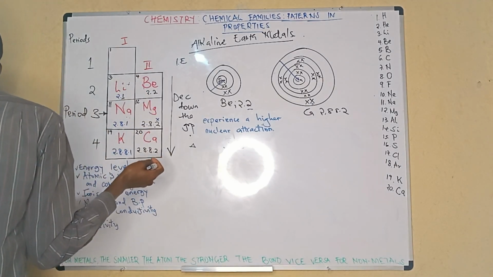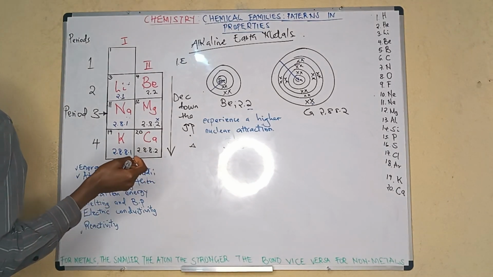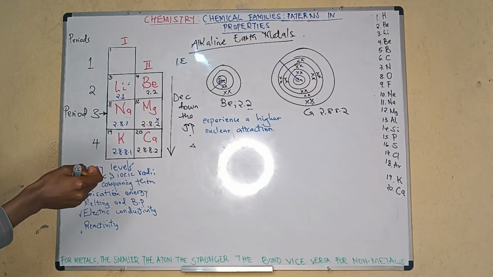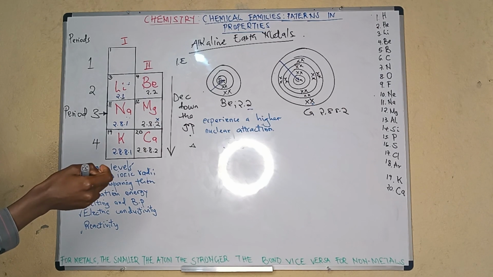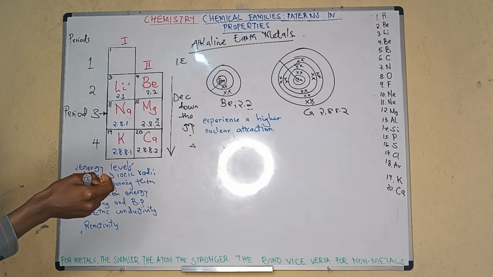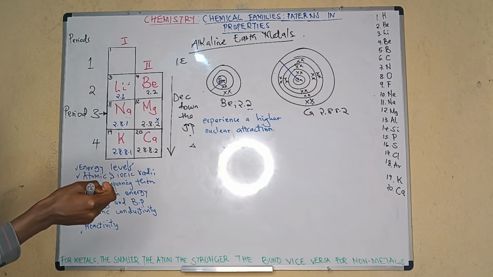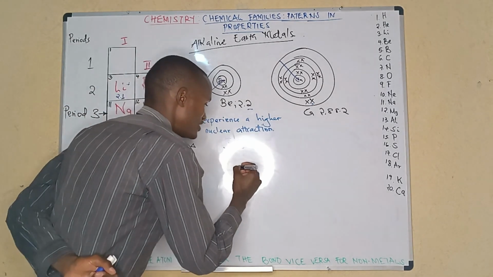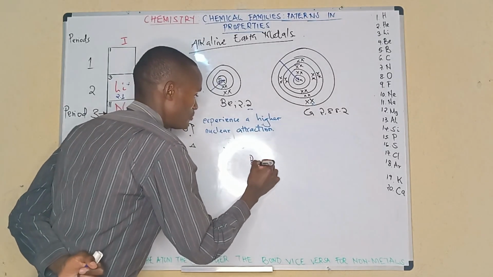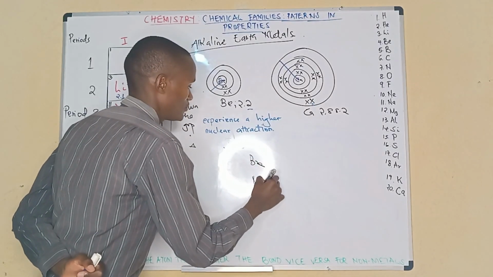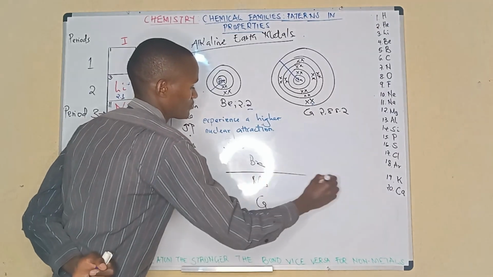Maybe let us mention the figures. Ionization energy for alkaline earth metals. I want to get to the table. A minute, please. And here I am. Ionization energy for, we write that one of beryllium, that one of magnesium and calcium.